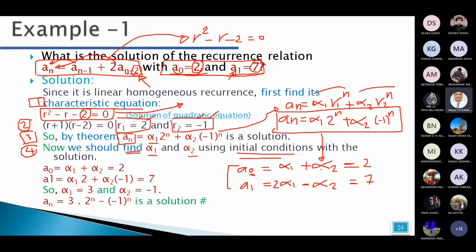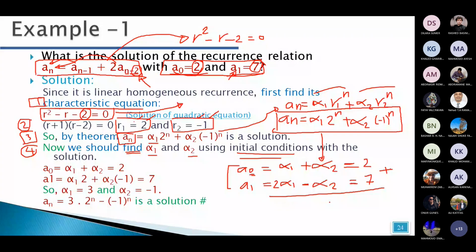You can solve these two equations very easily to get alpha 1 and alpha 2. You have many ways to solve it. First way, you will keep alpha 1 here and send alpha 2 there. Then the value of alpha 1, you put instead of it its value from the first equation. Second one, you can make summation or minus between these two equations. I will make summation.